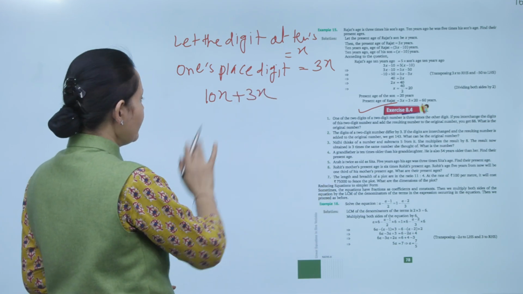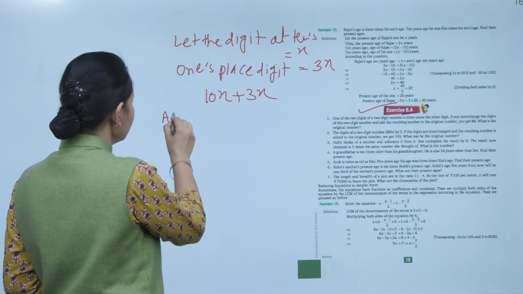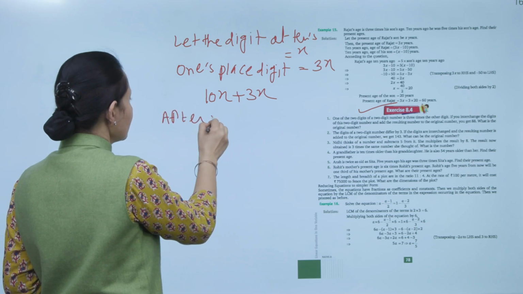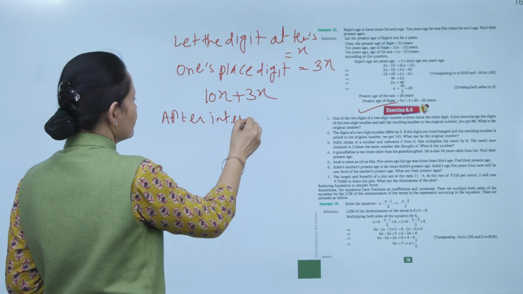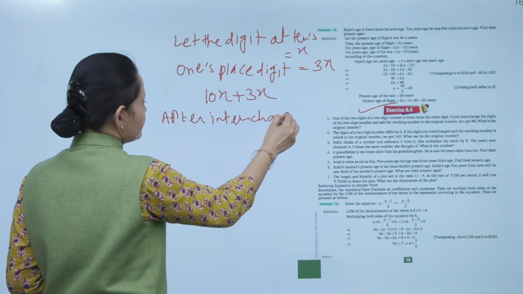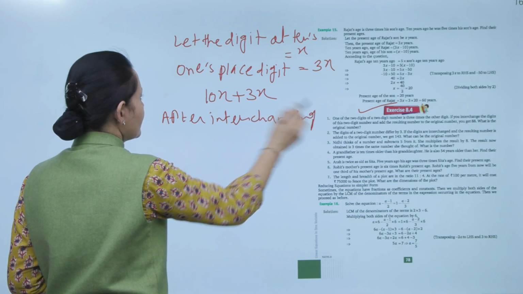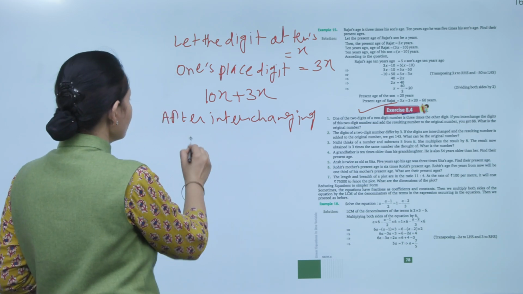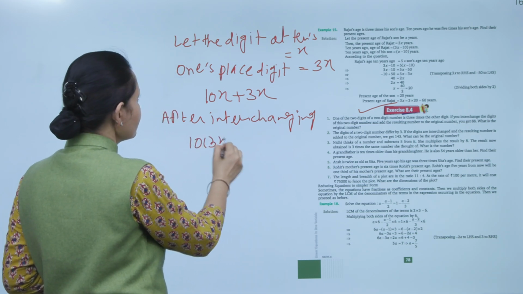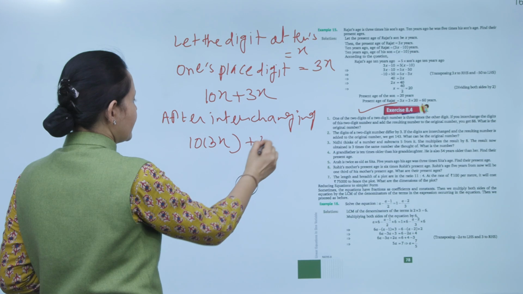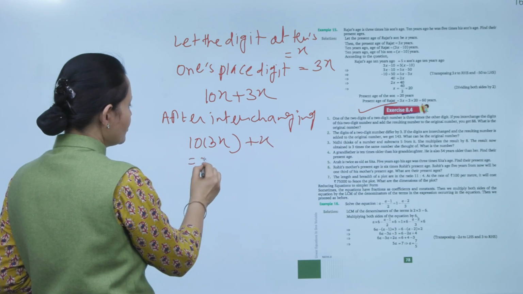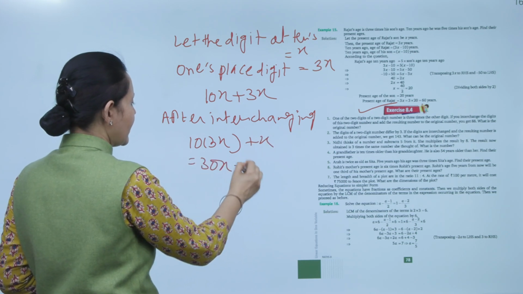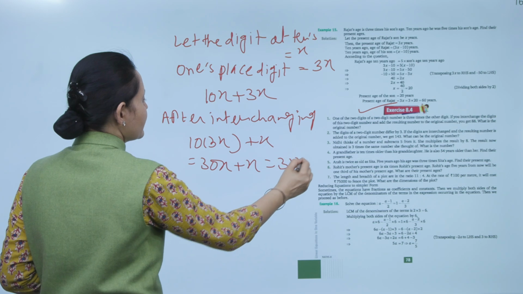Now if we interchange, the ones place digit becomes the tens place digit. So 10 into 3x plus x, that is 30x plus x, that is 31x.